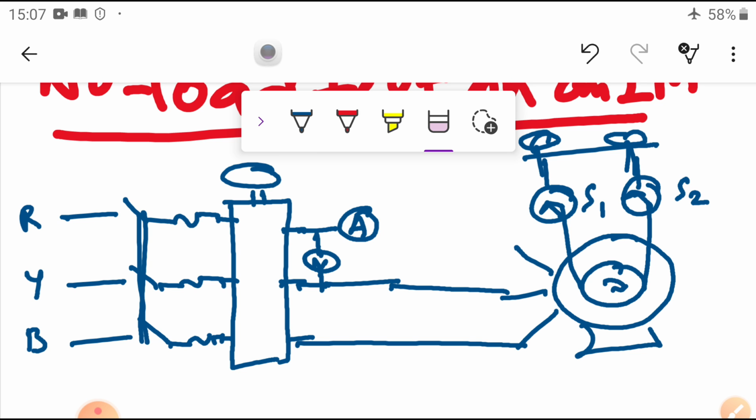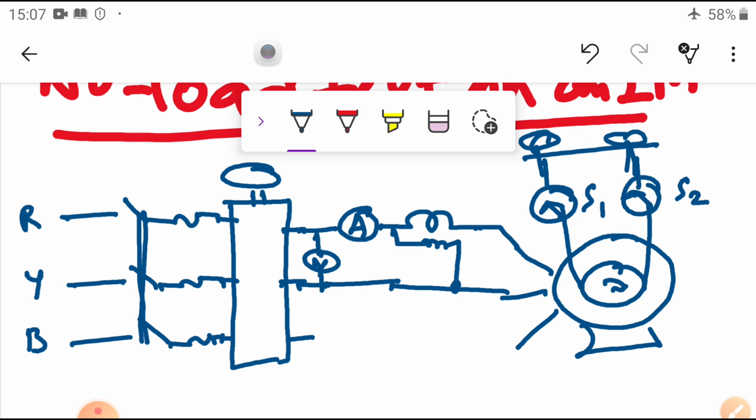Here I want to connect one wattmeter. How are we going to connect the wattmeter? This CC coil is connected to this one, and the PC coil is connected through this one. This is W1. And here we connected another CC coil, and here another PC coil.